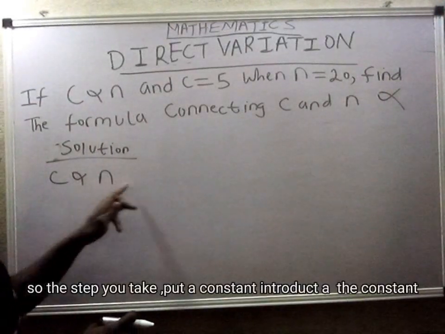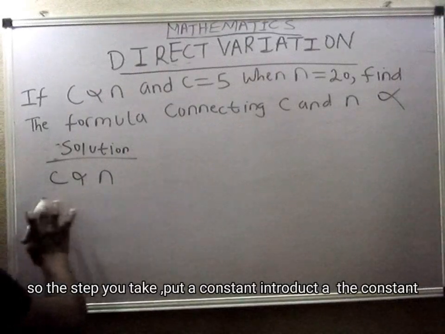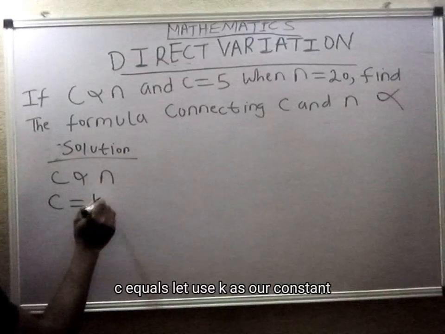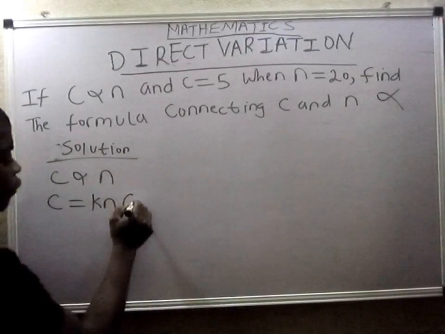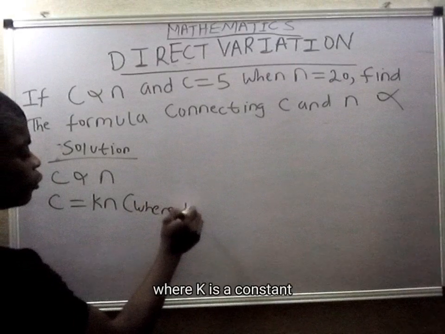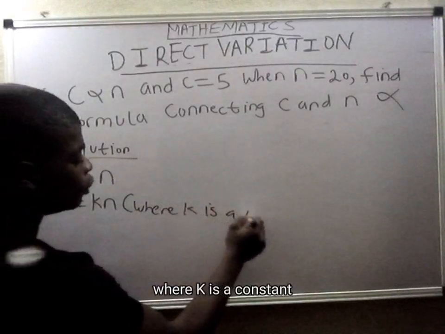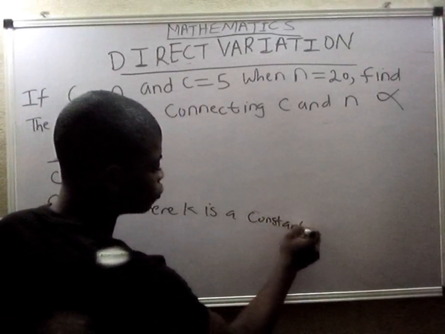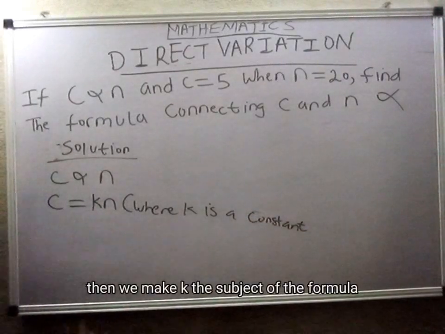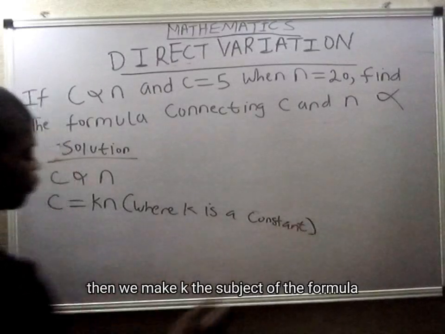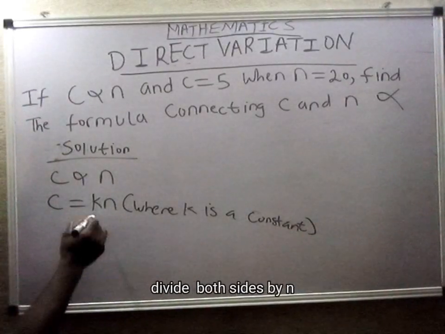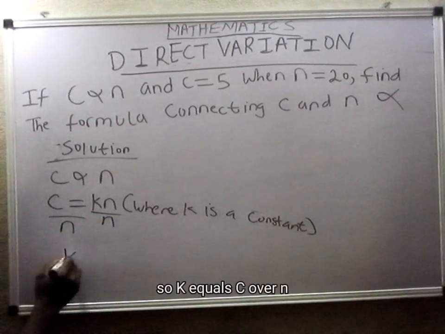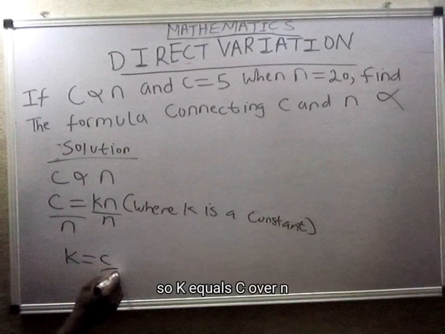Solution: the step you take is to introduce a constant, so that C equals, let's use K as our constant, times n, where K is a constant. Then we make K the subject of the formula. So divide both sides by n. So K equals C over n.